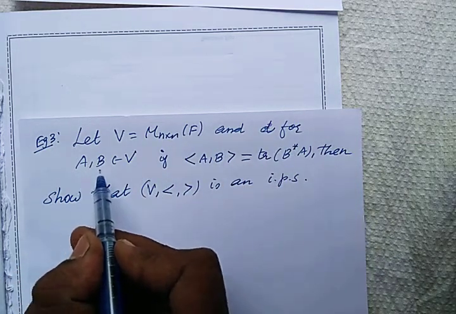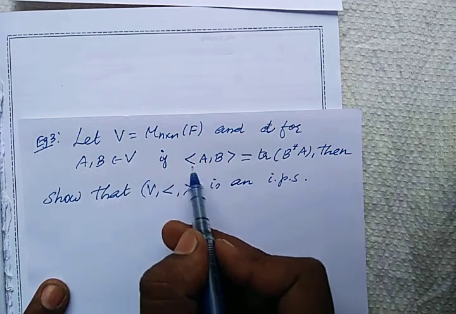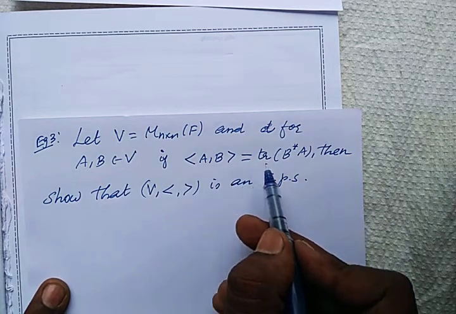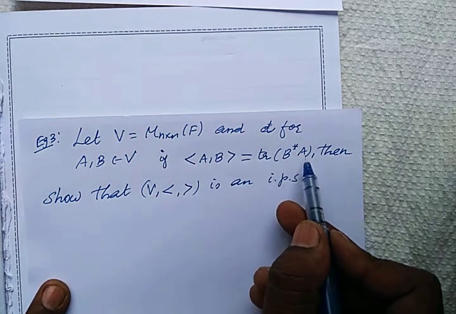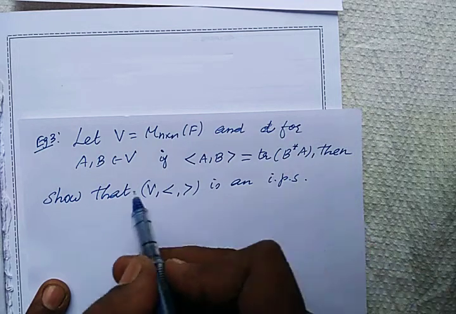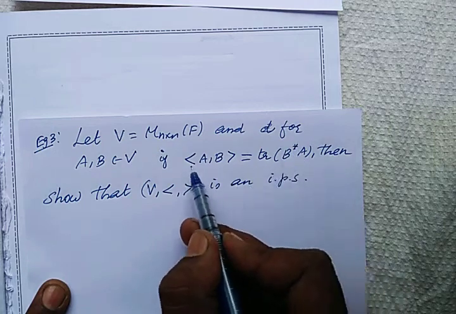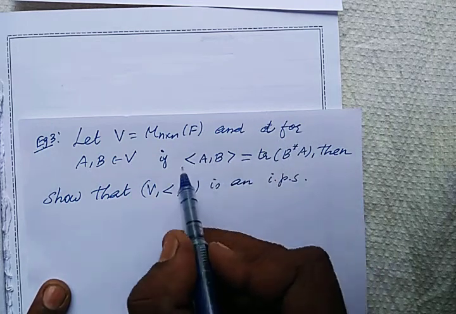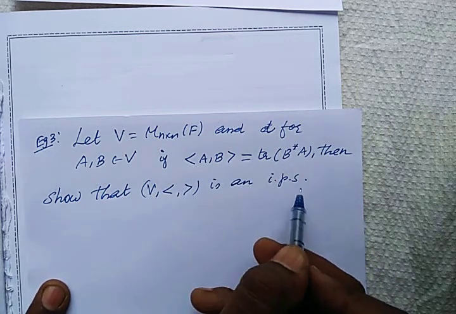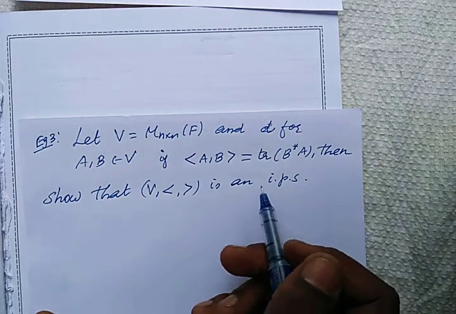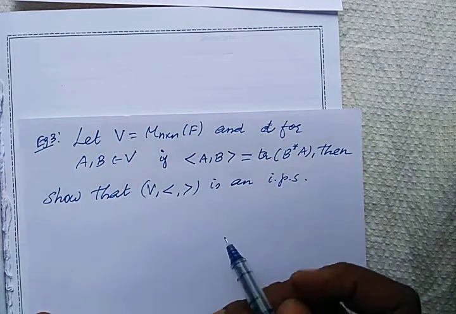For the n by n matrices, if we define the inner product as trace of B star A, then show that this definition makes this vector space an inner product space.